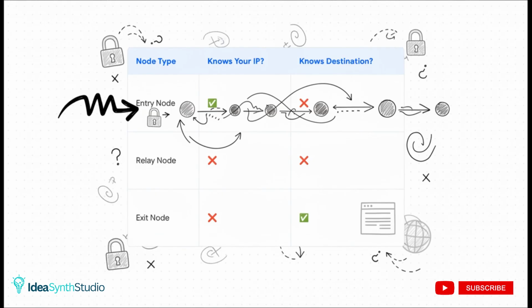And you can see it laid out perfectly right here. The entry node knows your IP, sure, but not your destination. The relay node knows neither, it's blind. And the exit node knows where you're going, but it has no clue who you are. For someone to track you, they'd have to control multiple random computers in this global network at the exact same time, which, as you can imagine, is incredibly difficult to do.